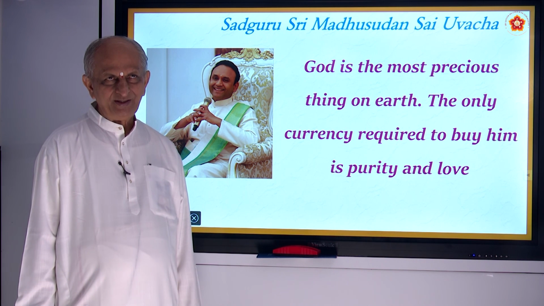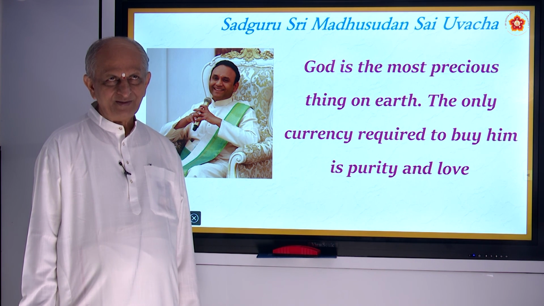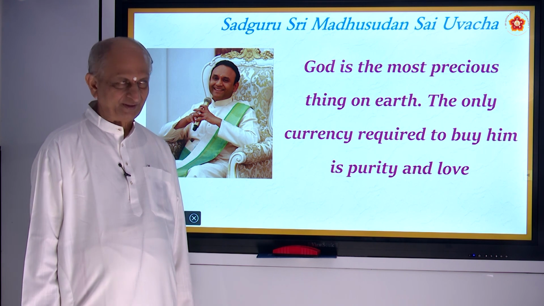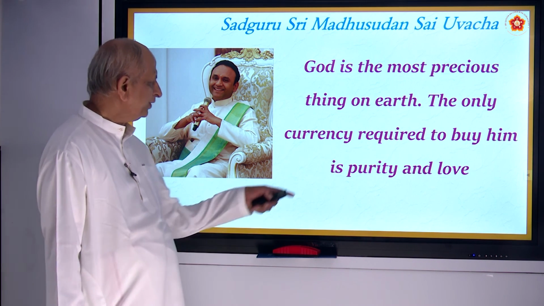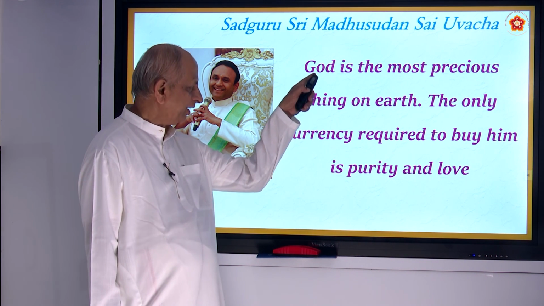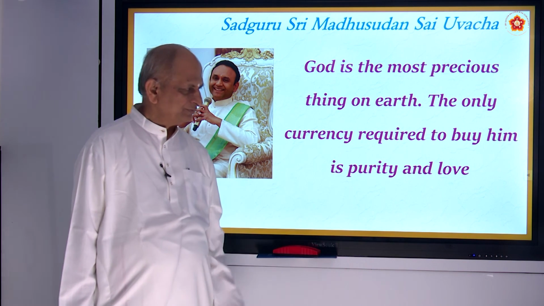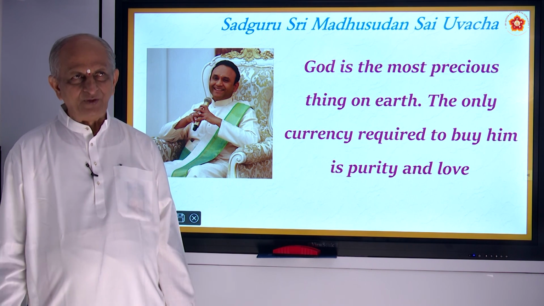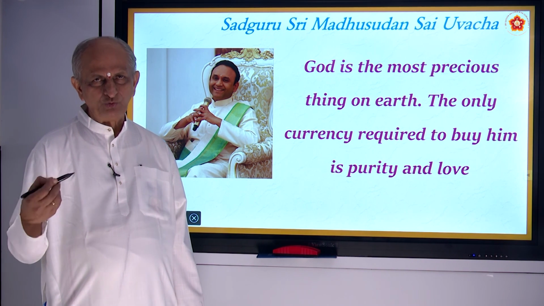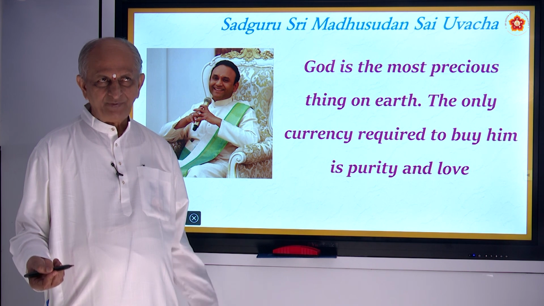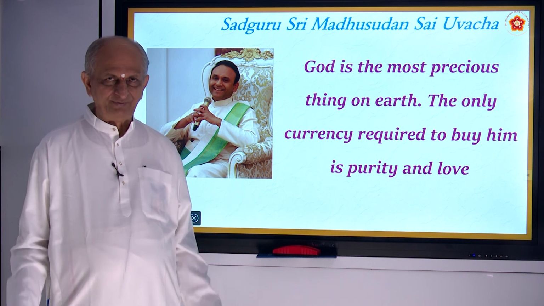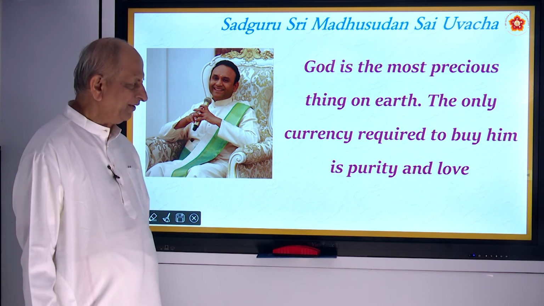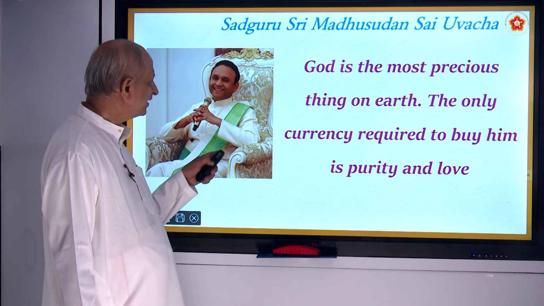So purity and perseverance and patience, he says. So if you develop purity, you will be nearer to God. Then love. What is love? Love is selflessness. Anything you do selflessly. If you can't do anything, you think selflessly for others. That's enough. That makes us nearer and nearer to God.